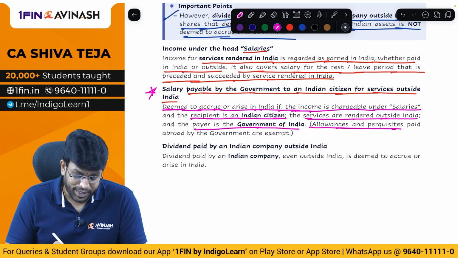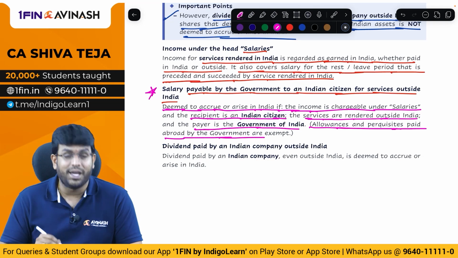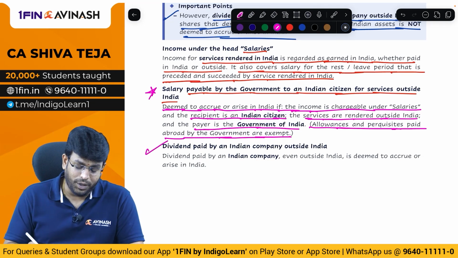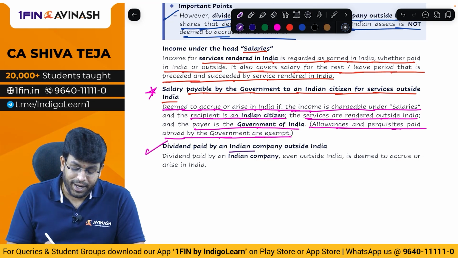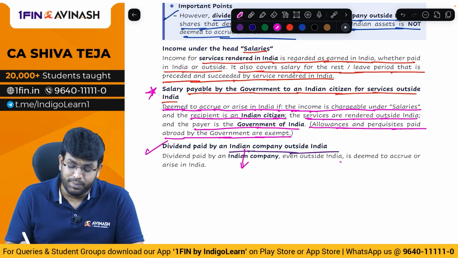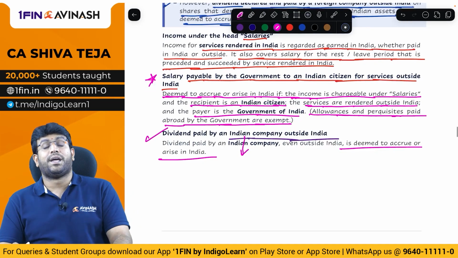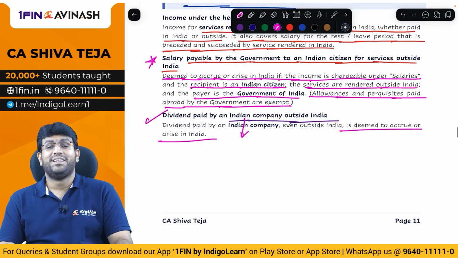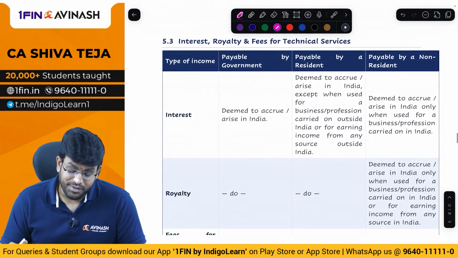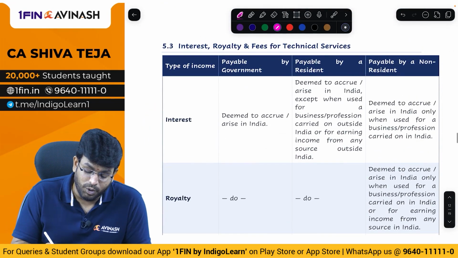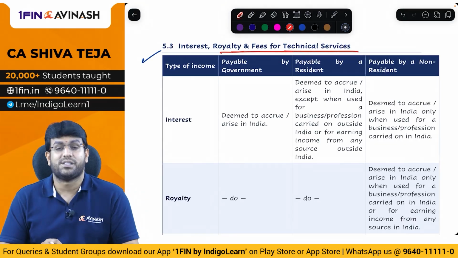Allowances and perquisites paid abroad by the government are exempt. Next point. Dividend paid by an Indian company outside India. Once dividend is paid by an Indian company, it is deemed to accrue or arise in India. That's it.